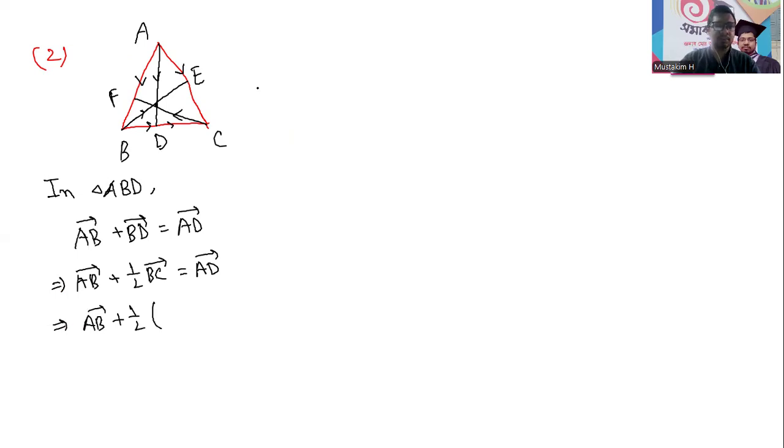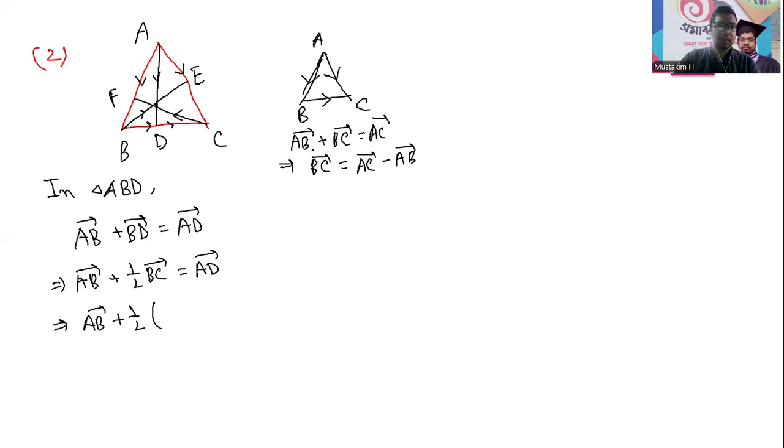We can write from triangle ABC, AB plus BC equal to AC. That means BC equal to AC minus AB. You can make this part as rough. Means AB plus half of AC minus AB equal to AD.